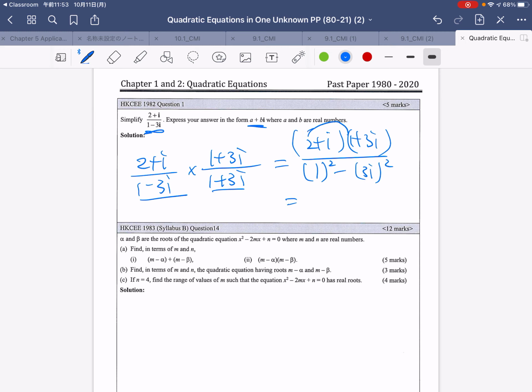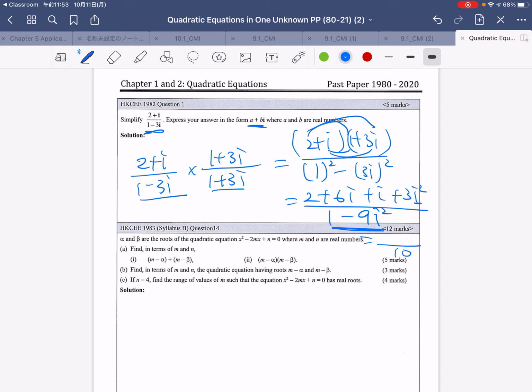This is the difference of squares. So 2 plus 6i plus i plus 3i squared over 1 minus 9i squared. And then this one will become 10.